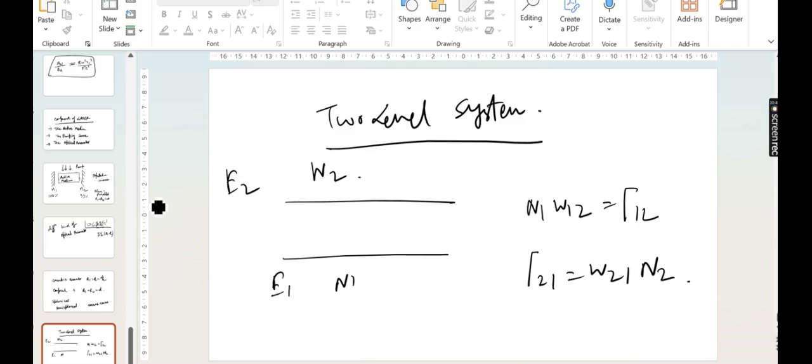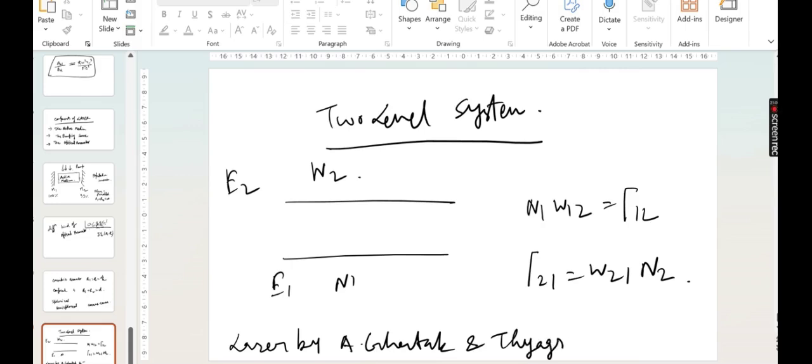This is given in the book Lasers by Ghatak and Thyagarajan.